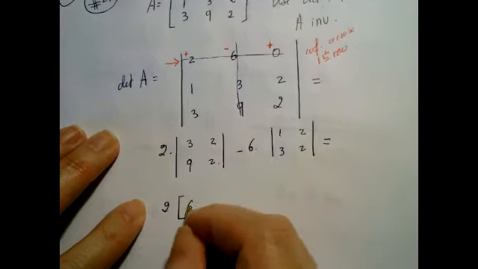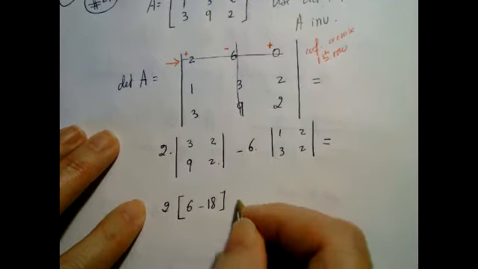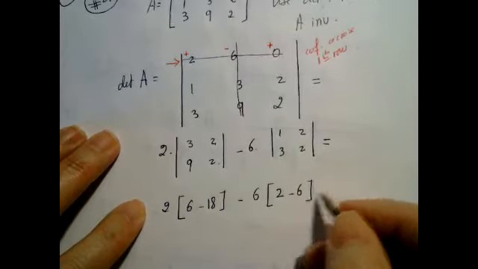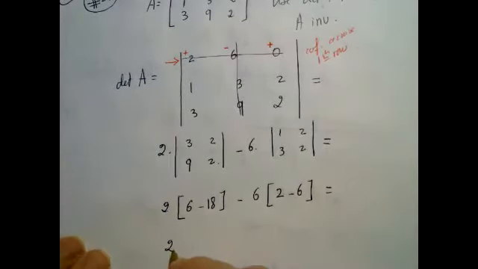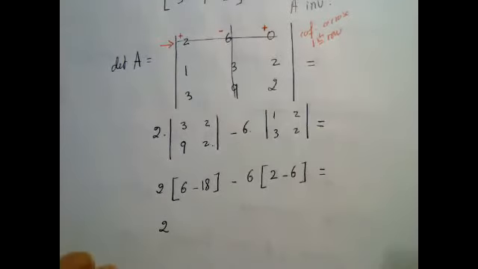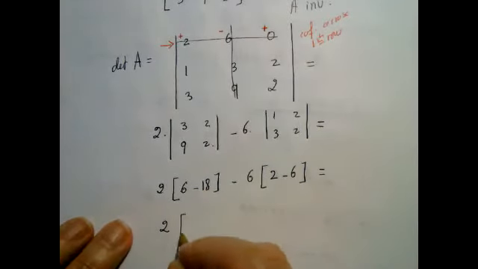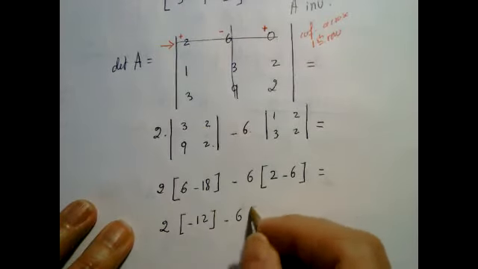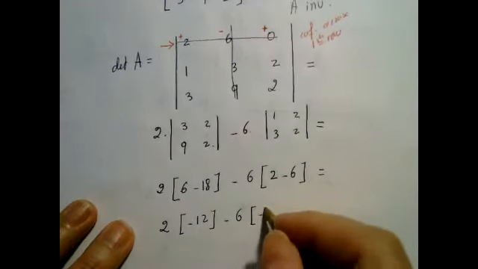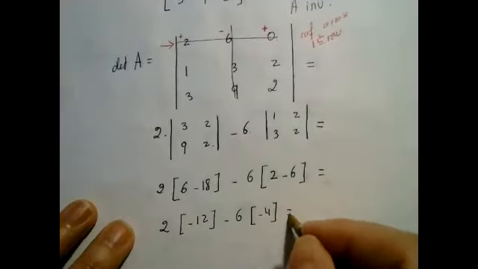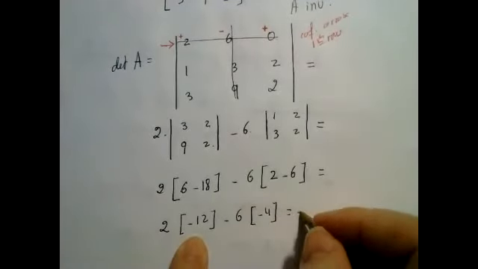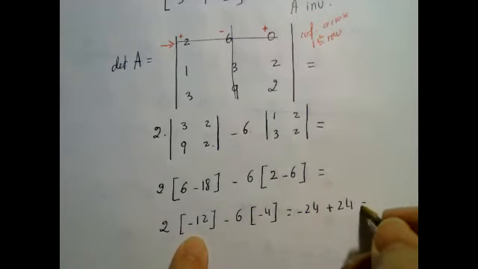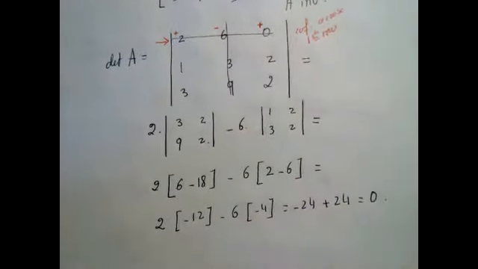What I will get is 6 minus 18, and 2 minus 6. And finally, the only thing I care about is whether it is 0 or not. Then 6 minus 18 gives me minus 12, minus 6 times 2 minus 6 minus 4. So that will give me minus 24 plus 24, equal to 0.